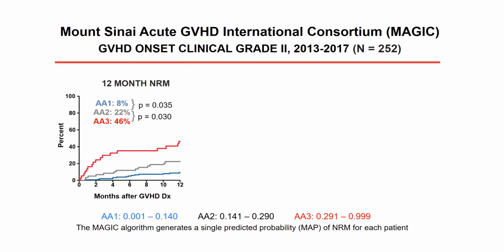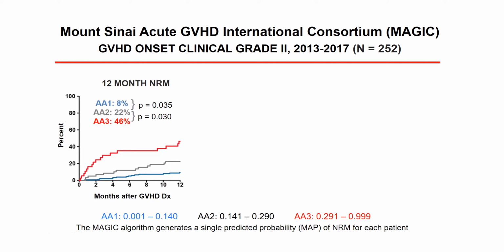And what we found was that if you look at the biomarkers and determine the MAPs, the low risk group has a 12-month NRM of only 8%. The intermediate group in gray has a 12-month NRM of 22%. And the high-risk group has a 12-month NRM of 46%.